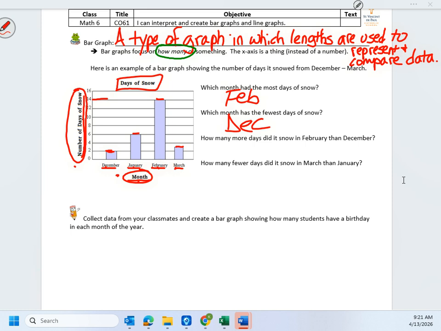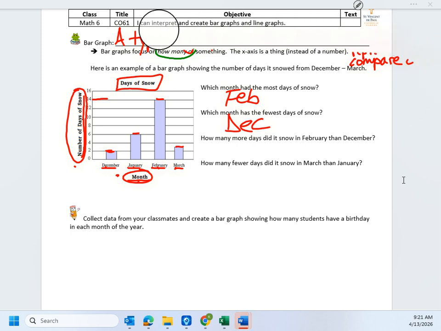Vinny? Subtract, like the February number minus December. Yeah. We're going to take that February number, our big number, and we're going to subtract December from it, and that tells us how many more. And you're going to figure out how many fewer days did it snow in March than January. You're going to answer those two on your own. Okay? Knowing what we know about our bar graphs.